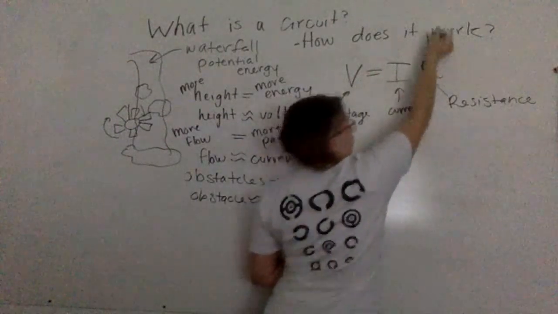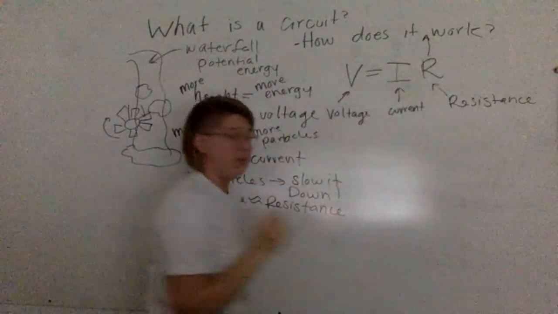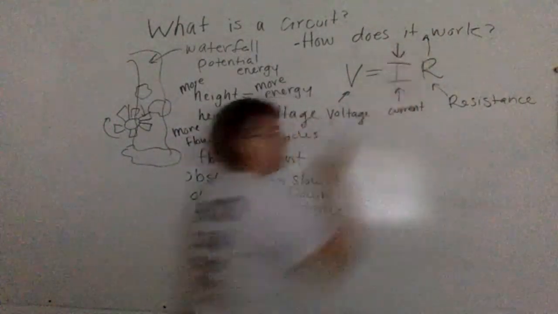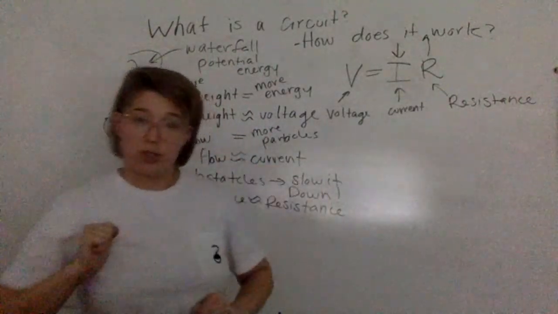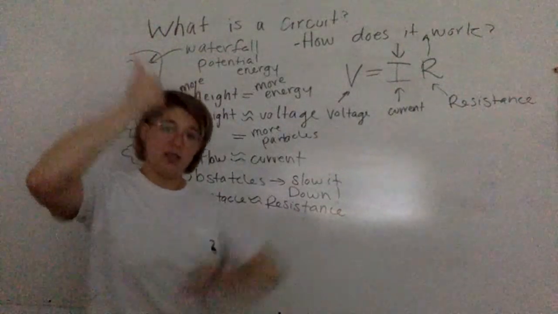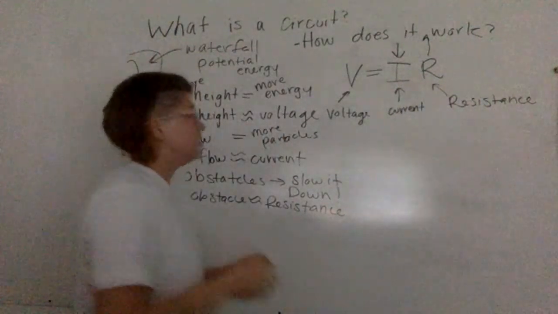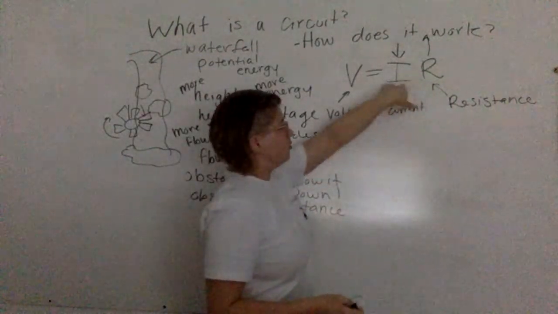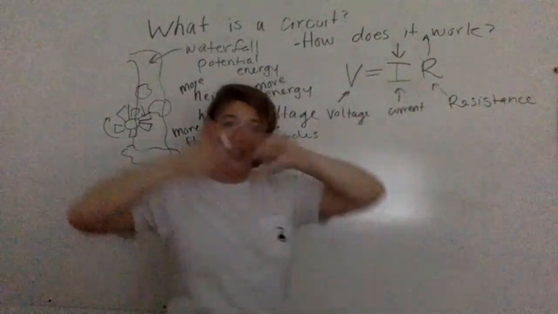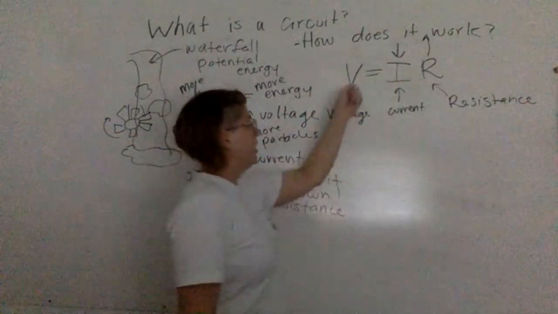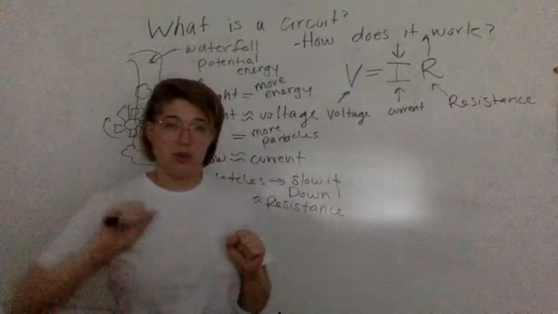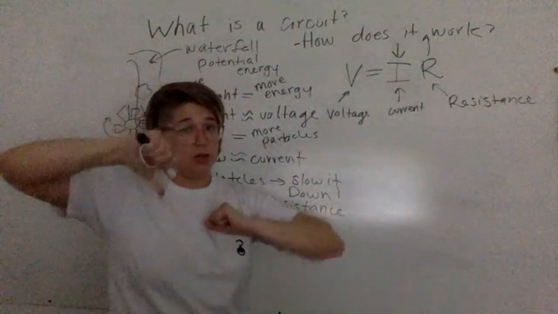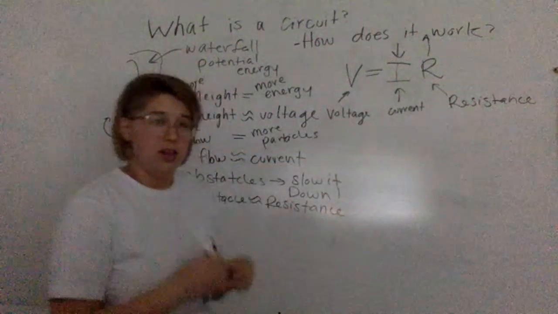So the more resistance I have, the less current flow I have, an inversely proportional relationship. If one goes up, the other goes down. So current and resistance have an inversely proportional relationship, and voltage and current have a directly proportional relationship. If one goes up, the other goes up. If one goes down, the other goes down.